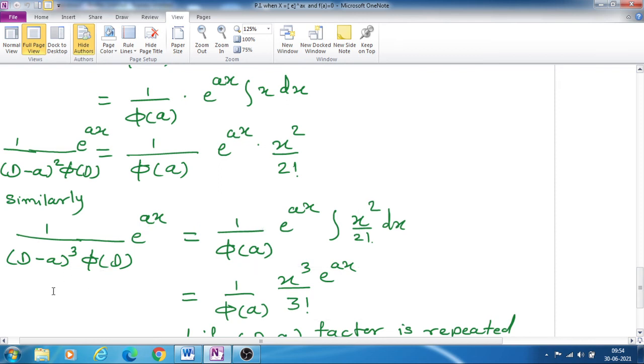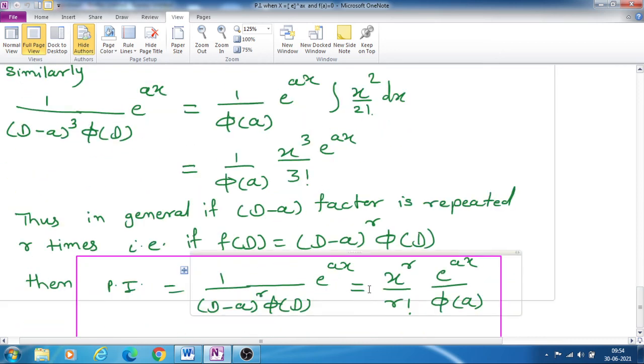So if there is a factor three times, (D minus a) cubed, then that PI will be, we only have to again integrate this x squared upon 2, we get x cubed upon factorial 3.